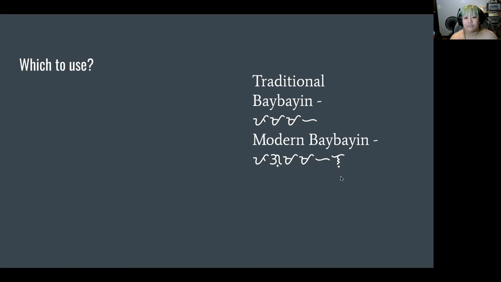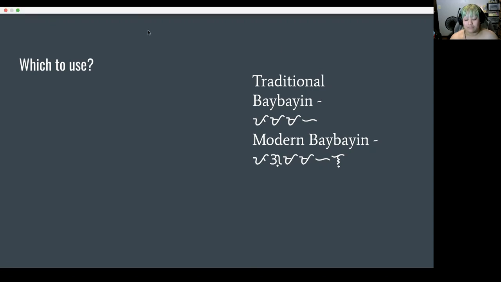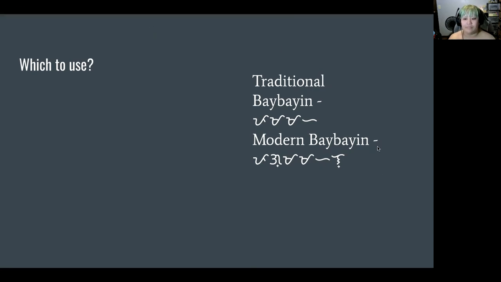So which to use? I preferably use obviously modern Baybayin, with traditional Baybayin for writing poetic elements and deity stuff. It doesn't really matter as long as you know the language that you're writing in and someone knows the language you're writing in, it's easier to decipher and understand the context in which we understand the words.